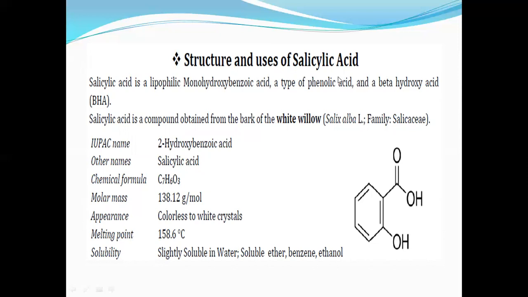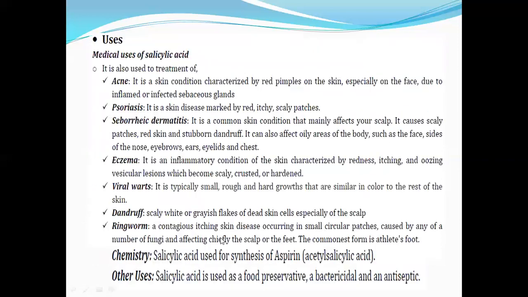This is a compound which we can obtain from the bark of white willow, which has the family Salicaceae. It is basically 2-hydroxybenzoic acid, having a molecular weight of 138 and a melting point of 158 degrees centigrade.